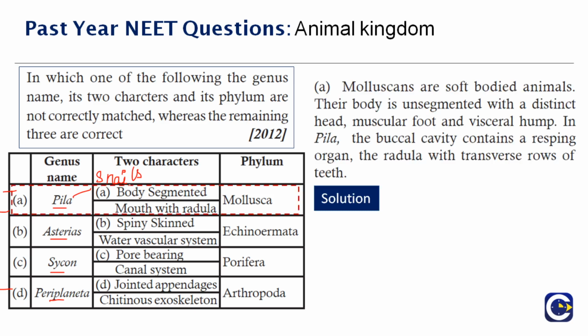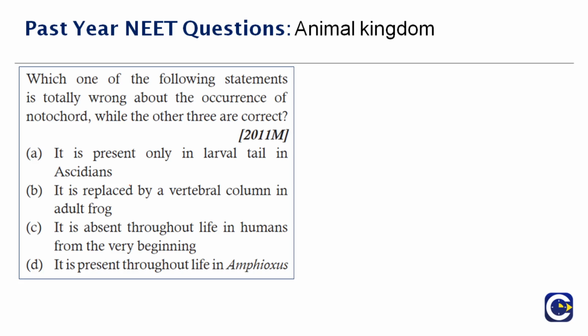Okay, next question here. Which one of the following statements is totally wrong about the occurrence of notochord, while the other 3 are correct? So once again you have to pick out the wrong one. Before that we will discuss what a notochord is. A notochord can be defined as a cartilaginous skeletal rod which supports the whole body in all embryonic and some adult chordate animals. It acts as a support.